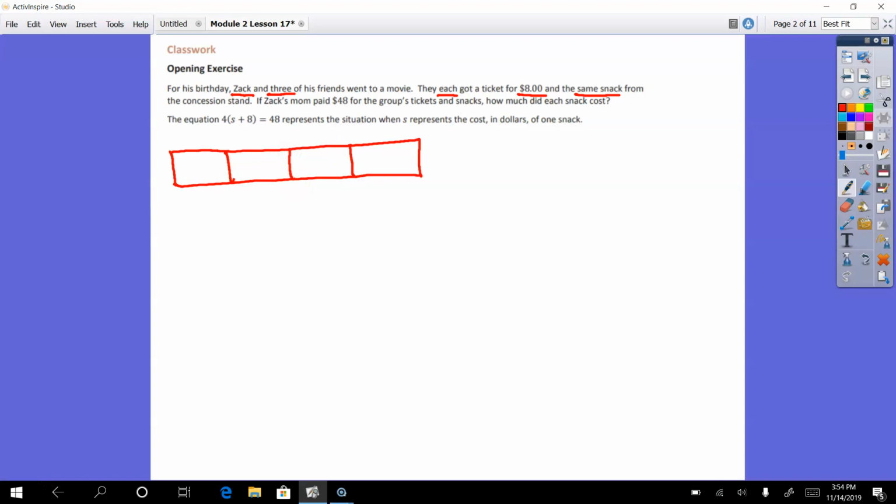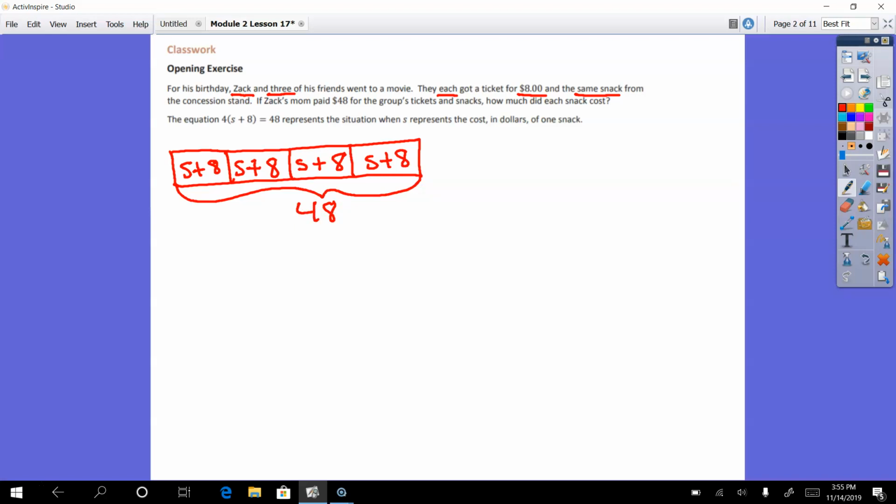Each one got a snack and a $8 ticket. So we knew how much the ticket cost, but we didn't know how much the snack cost. We knew that the total of everything was $48.